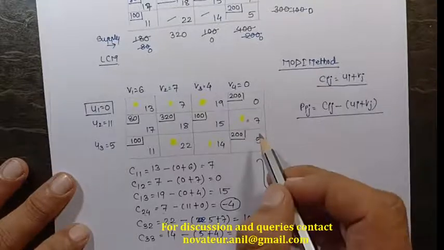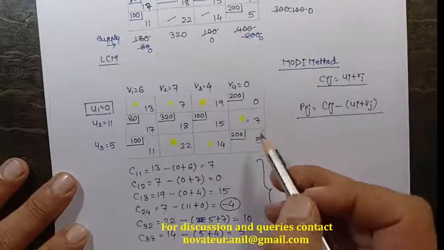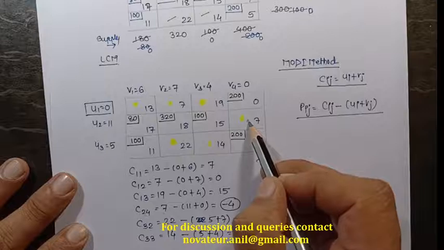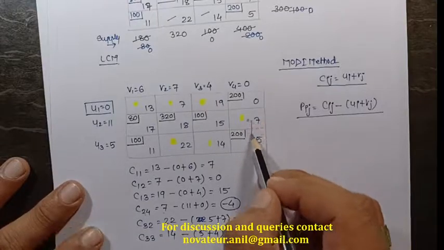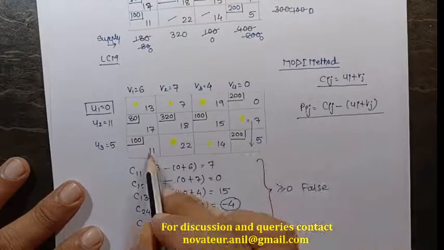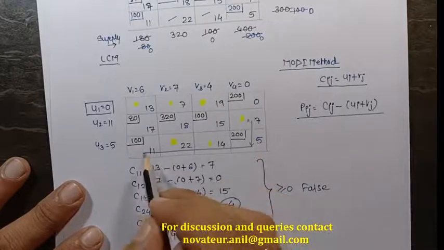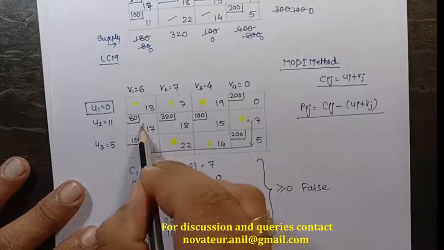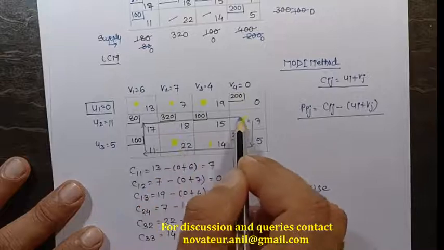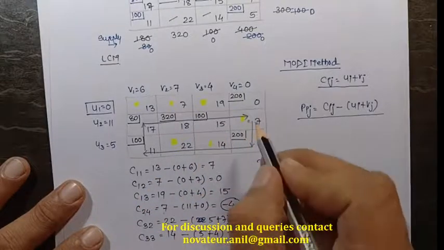Now we have to make a closed loop. In order to make a closed loop, we have to identify the nearest occupied cells. So the nearest occupied cell is this. From here the nearest occupied cell is this, again the nearest is this, and I'll come back to here in order to make a closed loop.